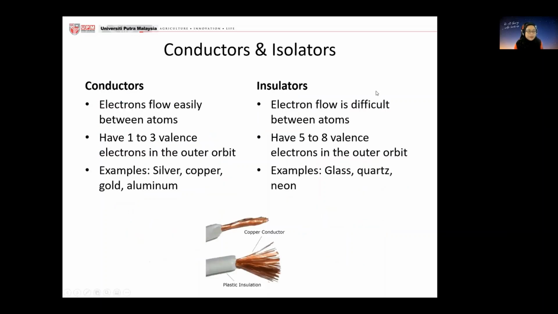Okay, follow me. So basically, to separate between conductors and insulators, sorry, I have a typo there, so it should be insulators. For conductors, electrons flow easily between atoms, whereas for insulators, it's very difficult. If the outer orbit has 1 to 3 valence electrons, that makes it a conductor. Whereas if you have 5 to 8 valence electrons, that makes it an insulator.